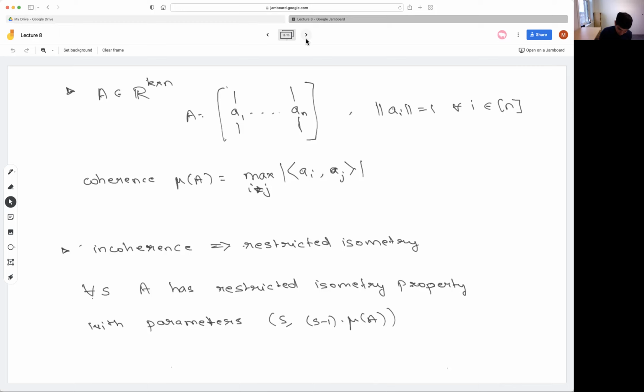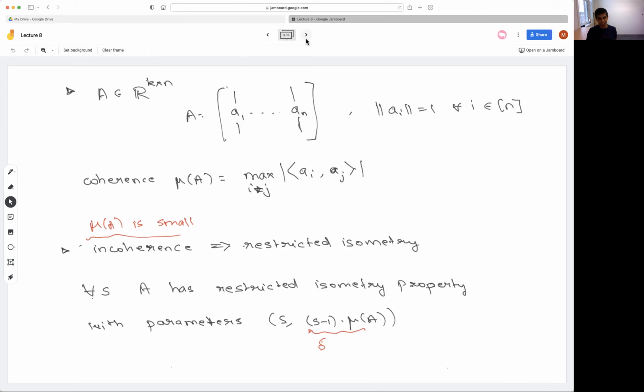And what Gershgorin gives us is that if you have incoherence, or if mu of A is small, then you have the restricted isometry property. In particular, if you look at S-sparse vectors, then you have the restricted isometry property with parameter delta equal to S minus 1 times mu.